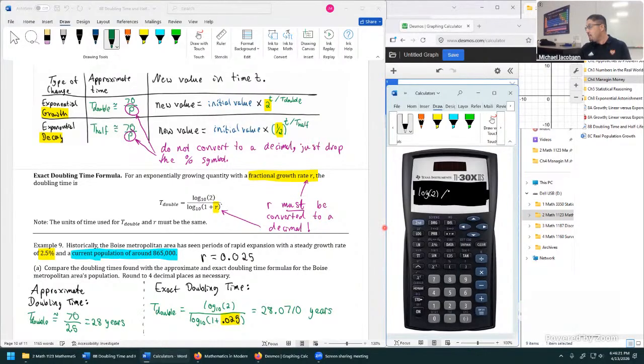Hit the division symbol and then go log of 1 plus 0.025. In that calculator, if you put it all together in that particular way, you should be getting this value out. Anyone have any issues using that particular calculator, getting that value?